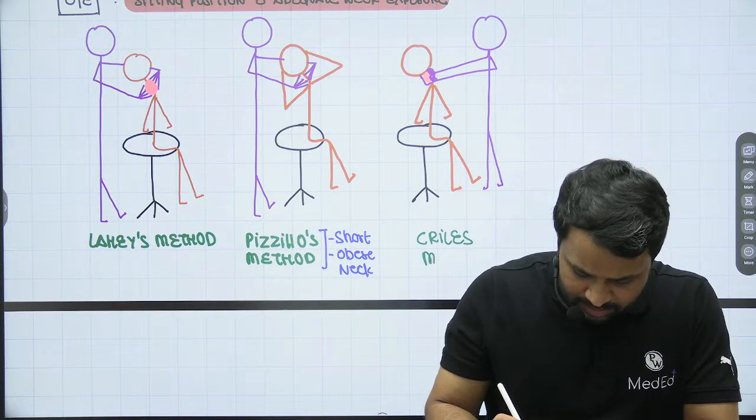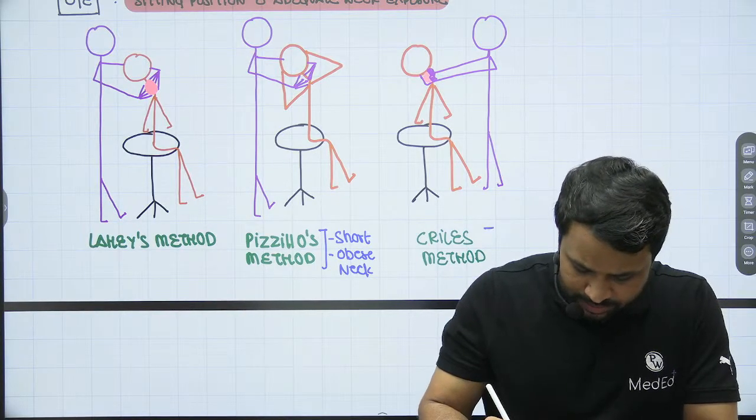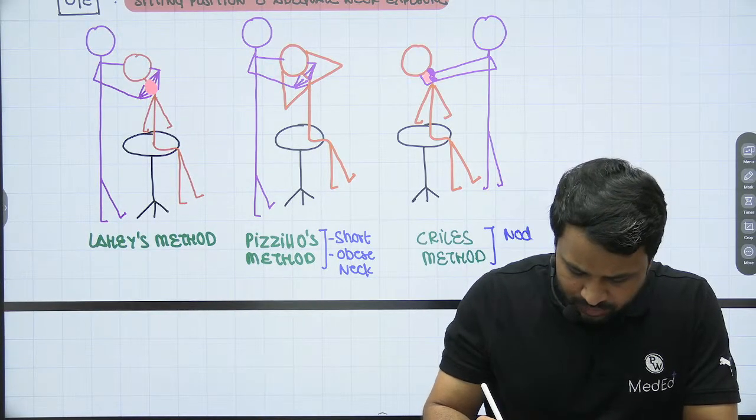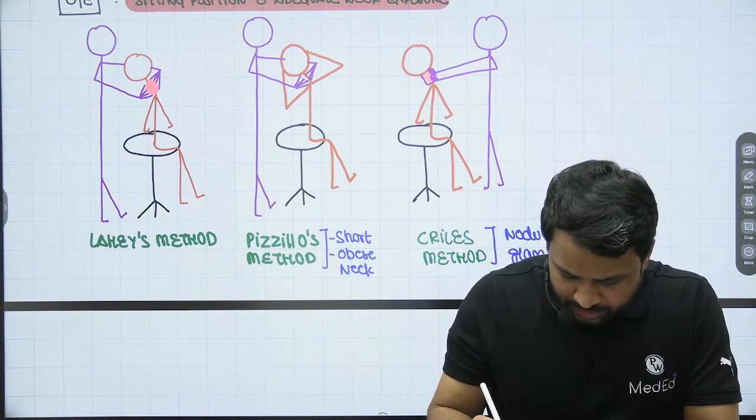Now the Crile's method is to assess the nodularity of the gland.